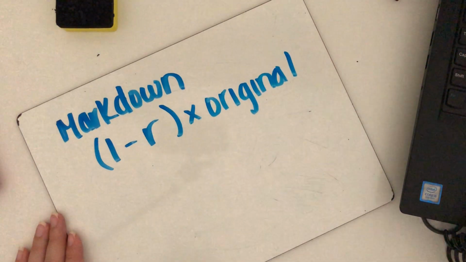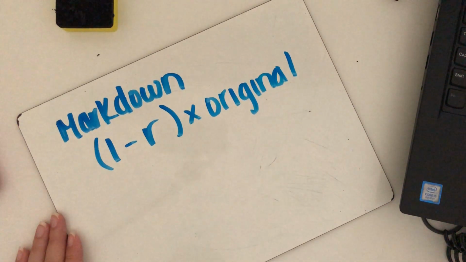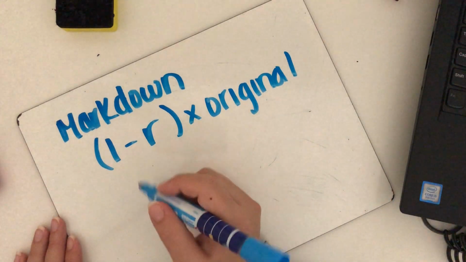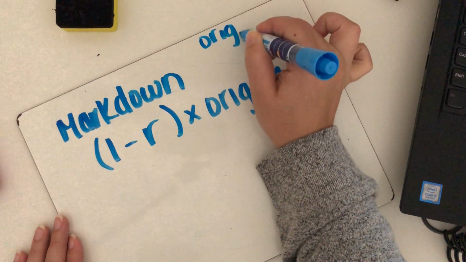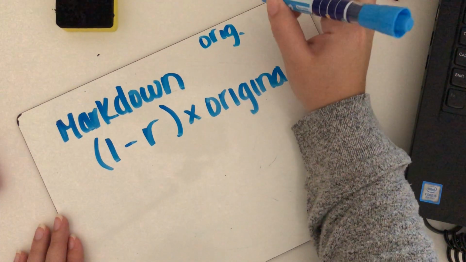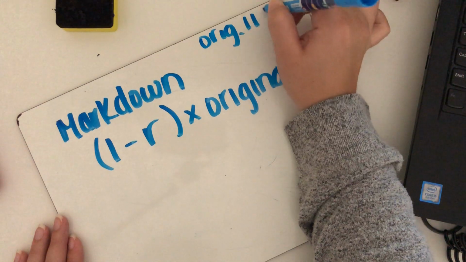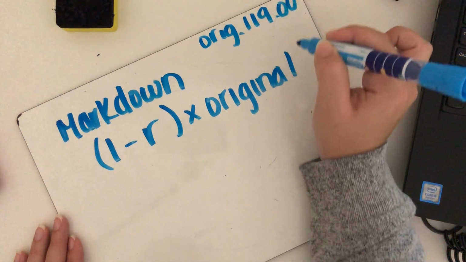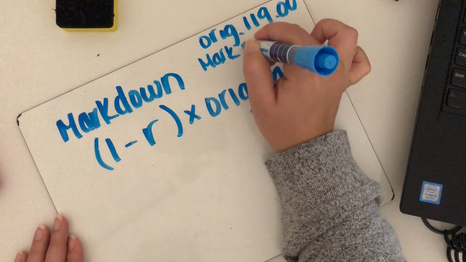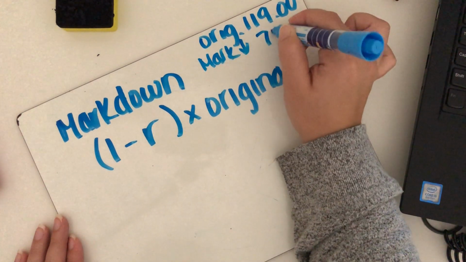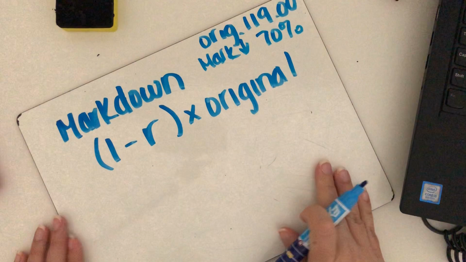Okay? So let's take one of these, for instance. Let's go back to one of our markdown values. Let's say that I had an original price of $119, and I'm marking it down 70%, okay?